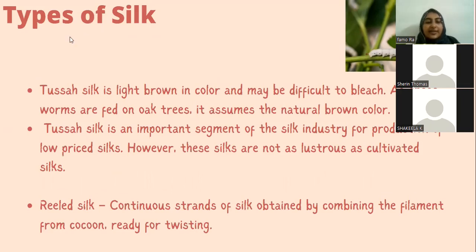Tussar silk is an important segment of the silk industry because it is cheaper than other silk, a little cheaper compared to ordinary pure silk. The silk is not as lustrous as cultivated silk. That is a drawback of tussar silk: even though it is inexpensive, it is not extremely shiny compared to the cultivated silk.